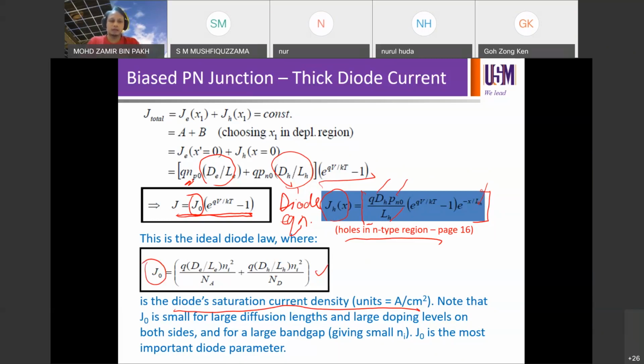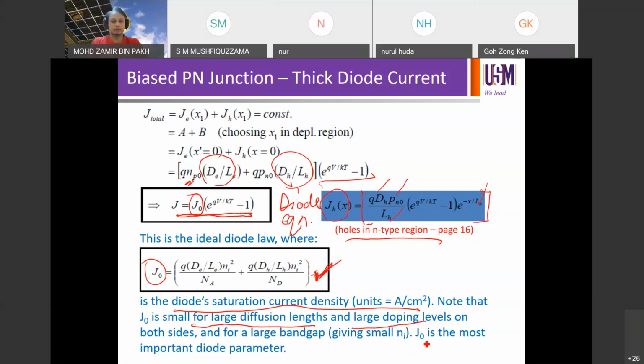So note that J naught is small for large diffusion length. If you look at this equation, J naught is small if you have a large diffusion length and large doping levels on both sides, and for large band gap material as well.